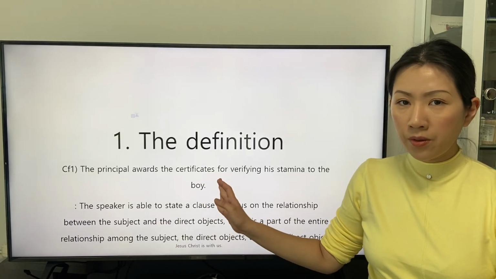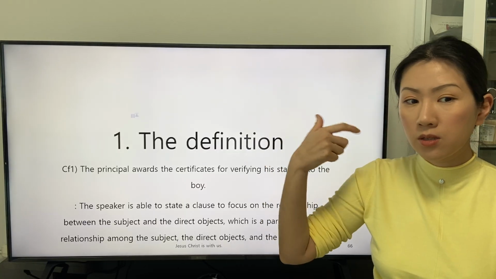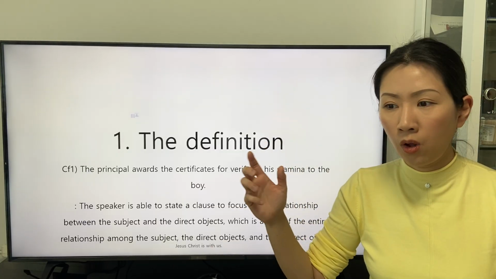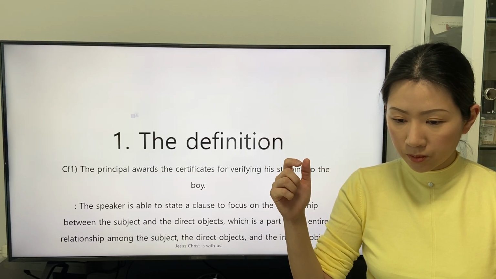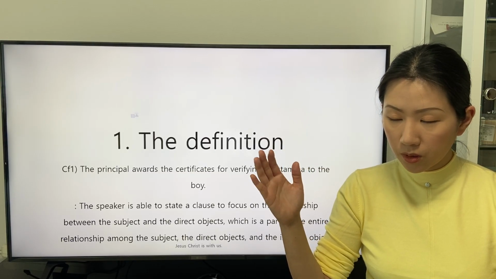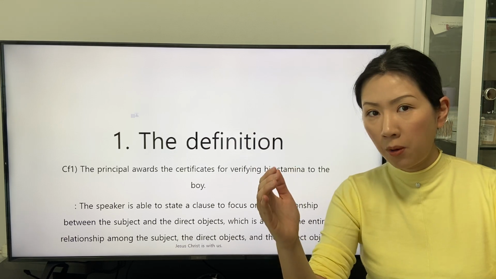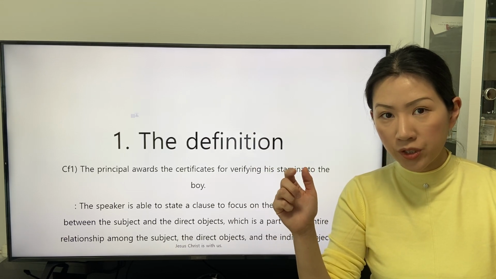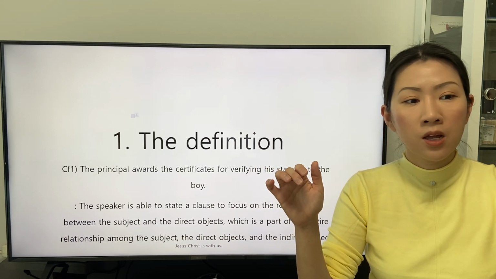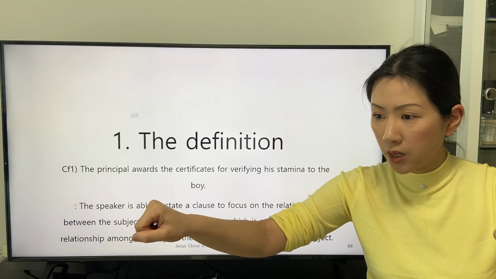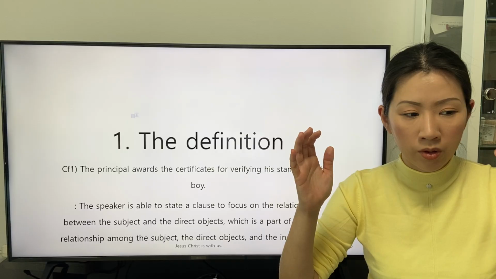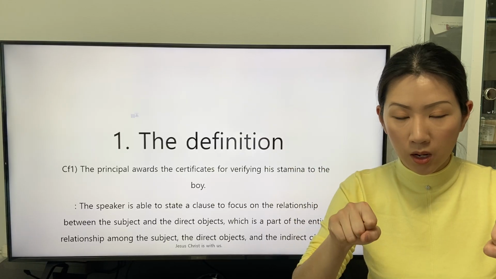This clause is stated in the third type of clause because the speaker focuses on the initial part of the interaction in the subject, direct object, and the indirect object. The speaker focuses on the subject and the direct object.